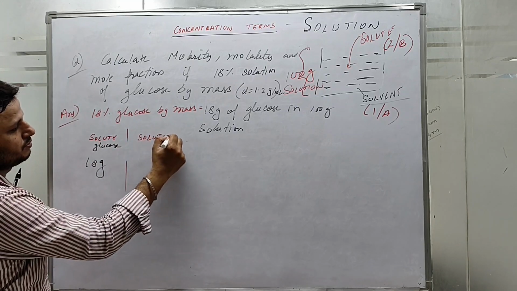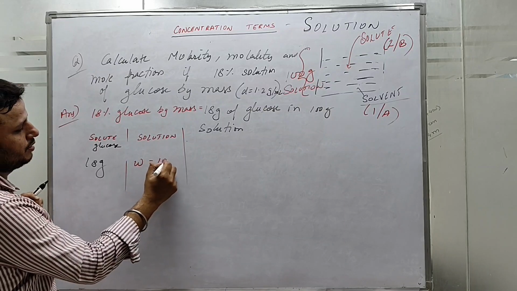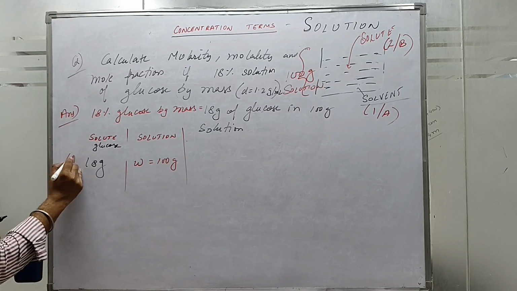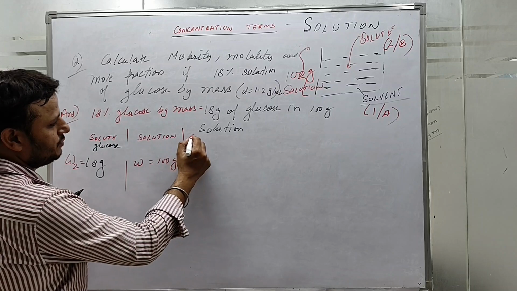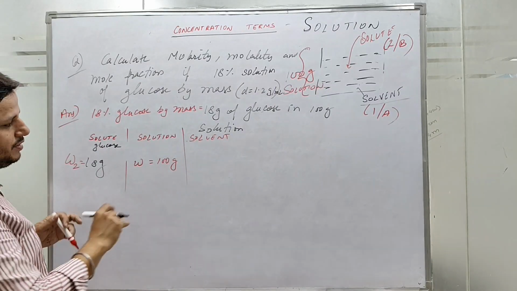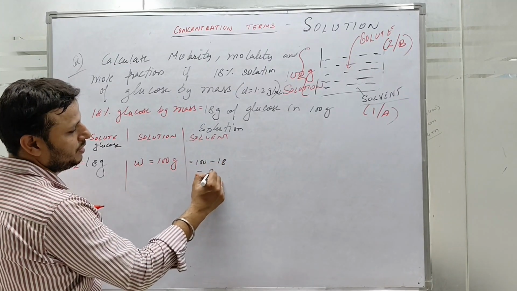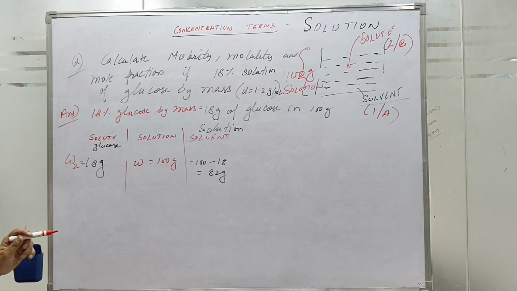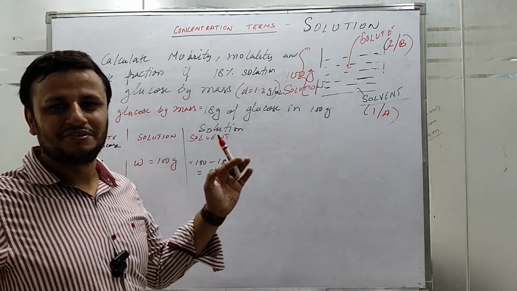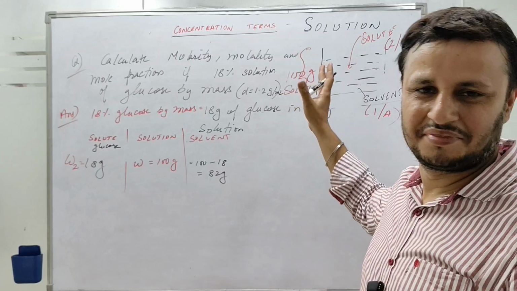Solution is total 100 gram. So what is the mass of solvent? The solvent is equal to 100 minus 18, 82 gram. And if no solvent is mentioned, then go on to the water.